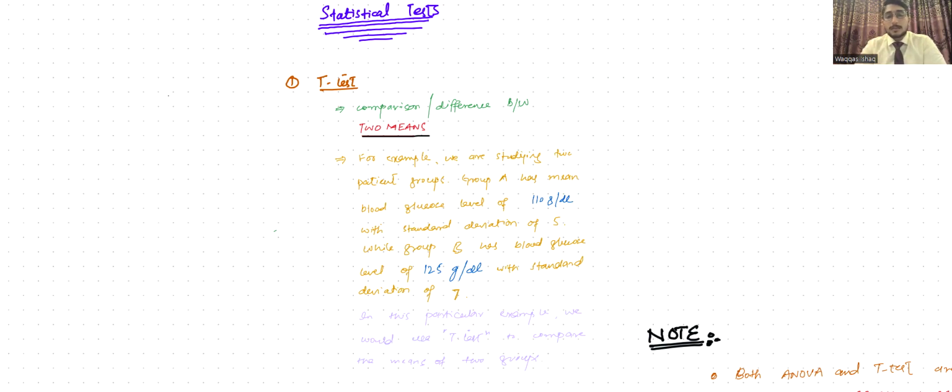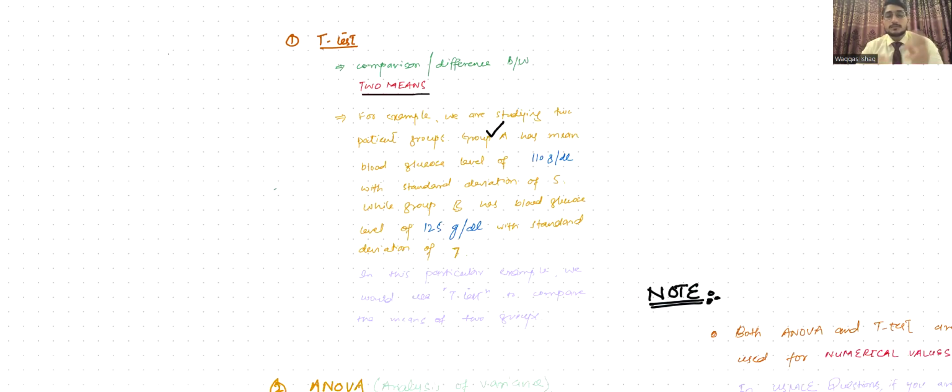And a mean is basically a numerical value that's obtained after studying the group, and then you calculate a mean value. That mean value has a standard deviation and all that. So for example, we are studying two groups. We have group A and we have group B, and we are studying baseline glucose level in these two groups.